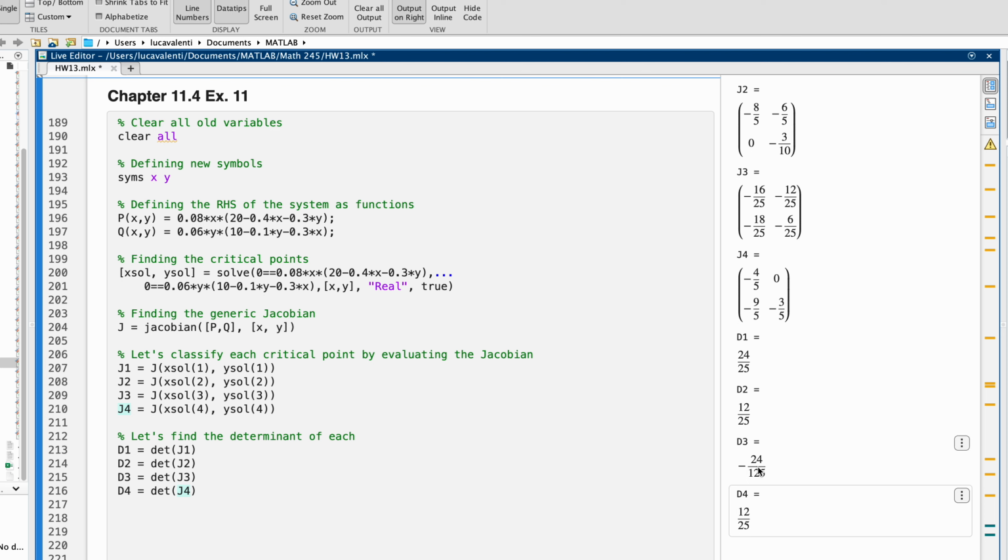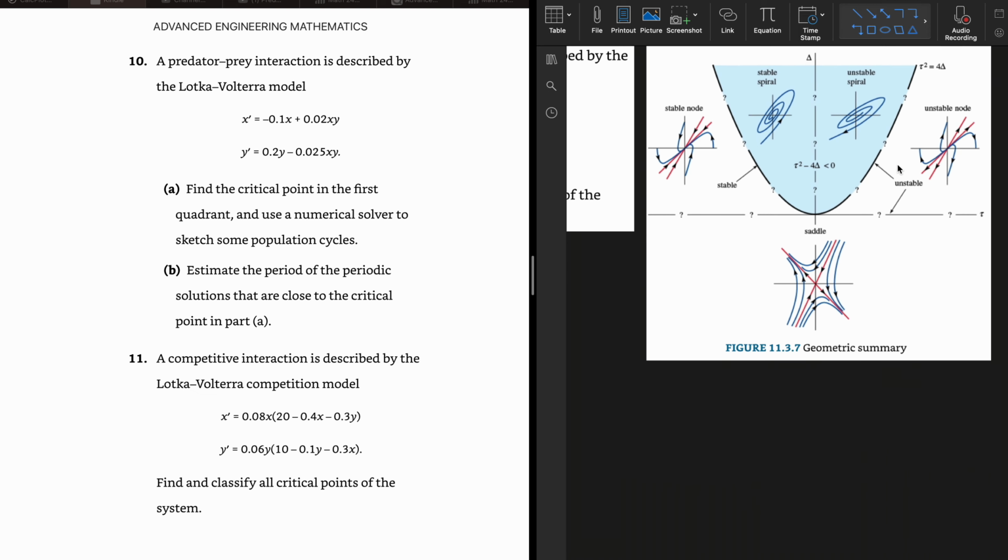When a determinant is negative, what are we talking about? We're talking about a saddle. And how do I know that? Right here, look at this graph. This is the determinant axis.